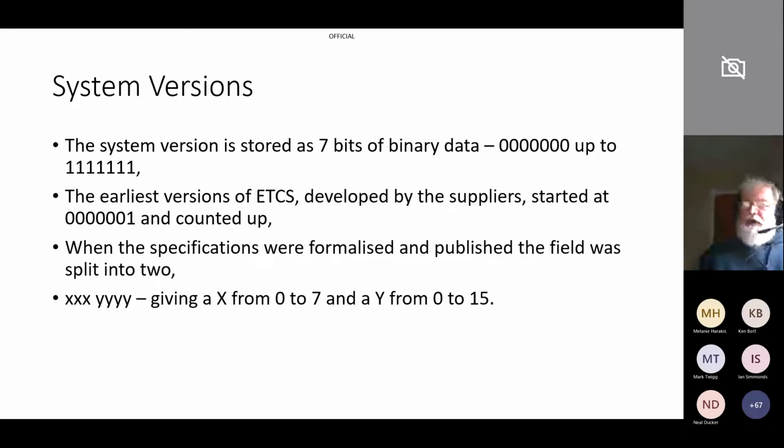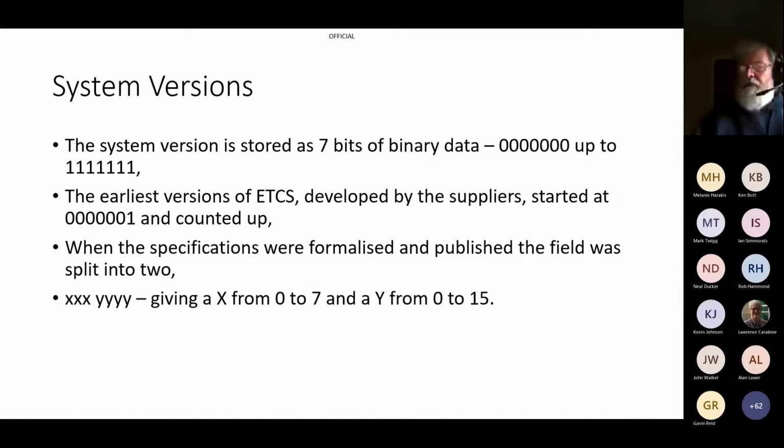Once it had been proven that ETCS was a really good idea, and therefore everyone wanted to adopt it and make it interoperable, it was decided that we needed to be a little bit more formal. And so a formal set of specifications were published, which became 230D.